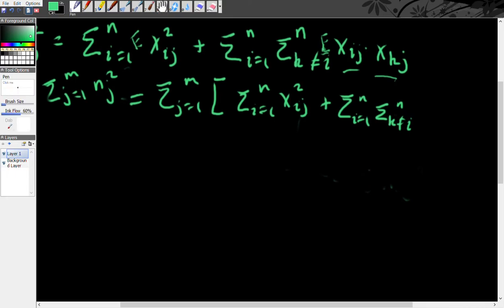Xij times xkj, right? Since these are separate sums, we can definitely split this up into two sums. Think about it this way: if I'm adding across the terms like this, I could have just added them separately.